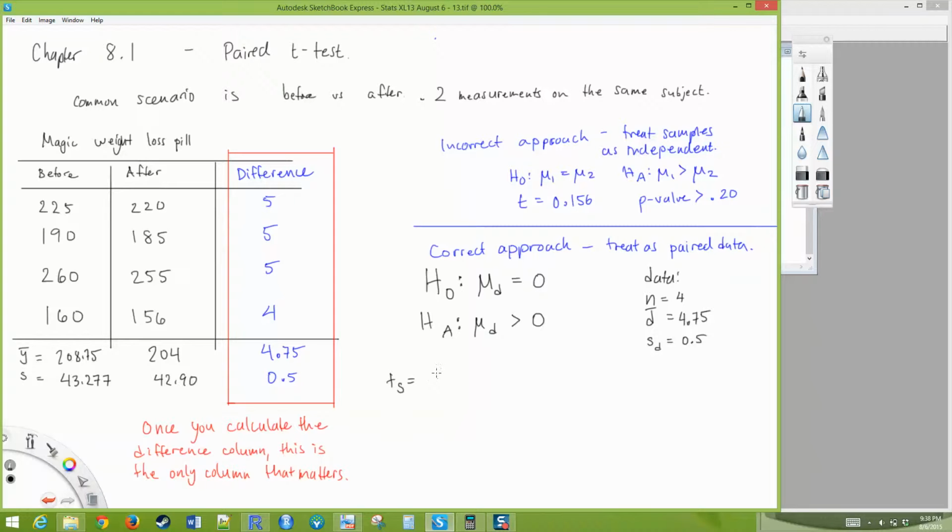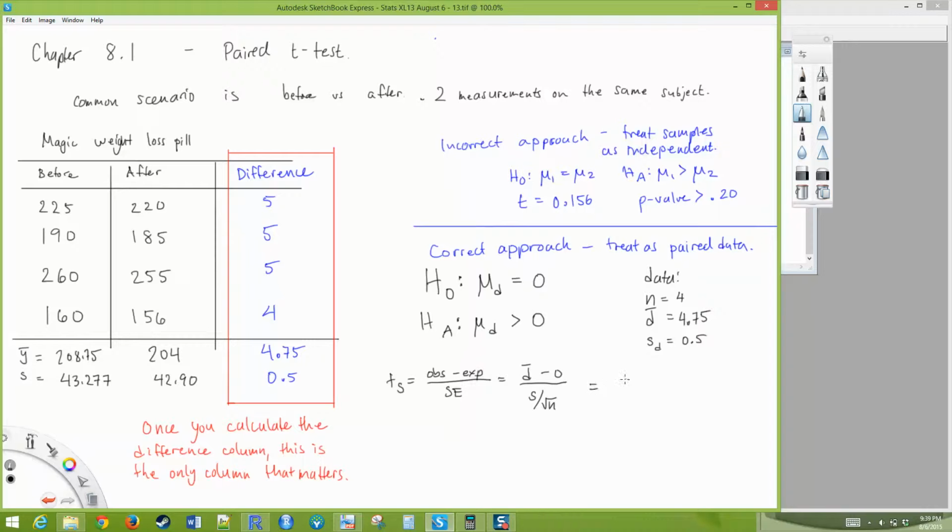Our test statistic would then be, again, observed minus expected divided by the standard error. In our case, what we observe is d bar minus what you expect in the null hypothesis, 0, divided by the standard error, which would be s over the square root of n.